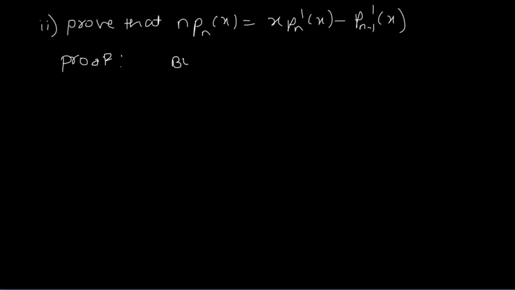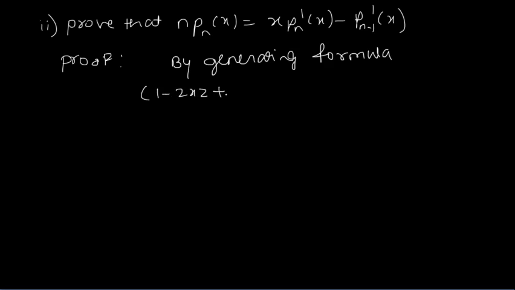So by generating formula, we have 1 minus 2xz plus z square raised to minus 1 by 2 equal to summation n from 0 to infinity Pn of x into z raised to n. So this is equation 1.